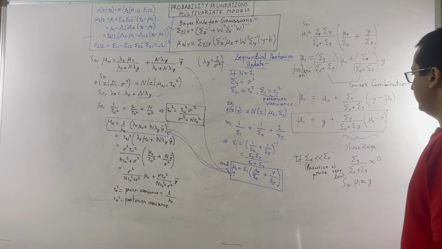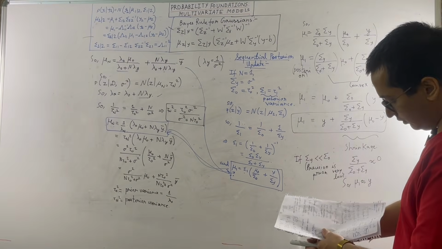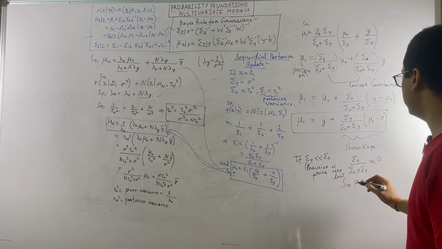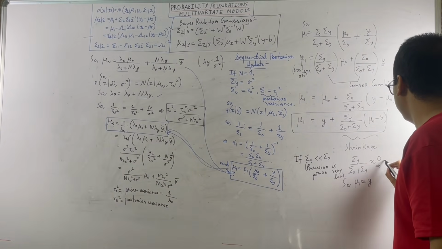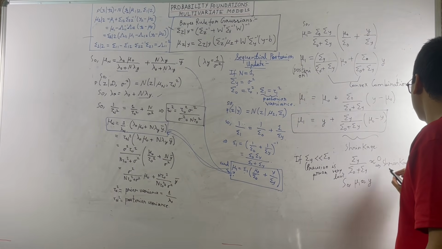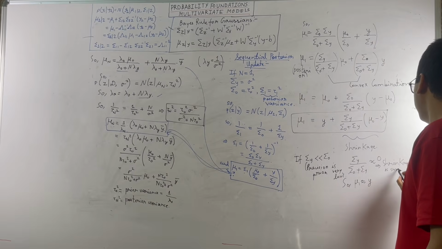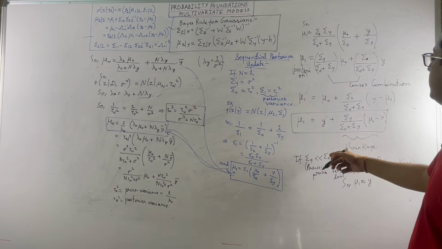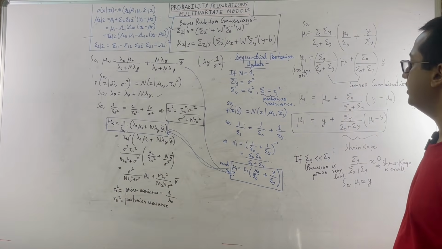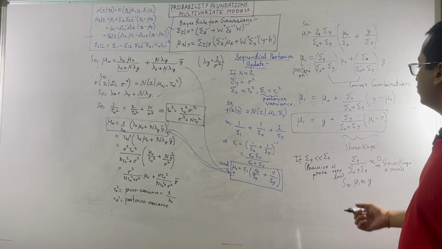And in this case, we say that the shrinkage is very small. Shrinkage is small because mu1, the posterior mean, is very close to the likelihood, because this term is so small.